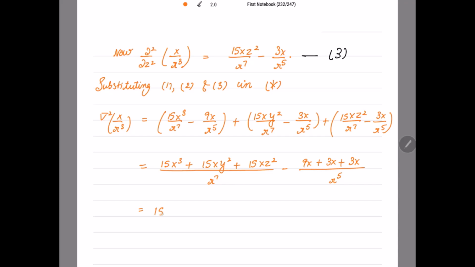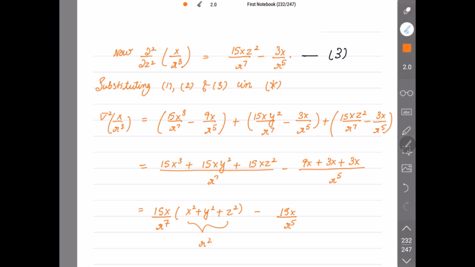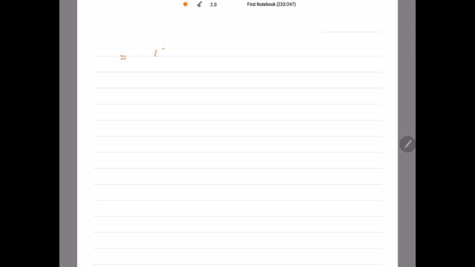If you take 15x outside, what you will get is x square plus y square plus z square, minus 15x over r the power 5. Now this is nothing but your r square, right? So this is equal to 15x r square, and in the denominator I have r the power 7.